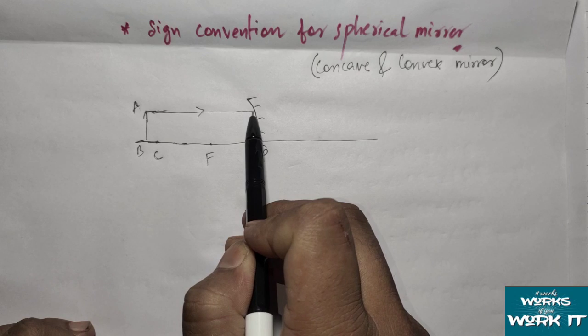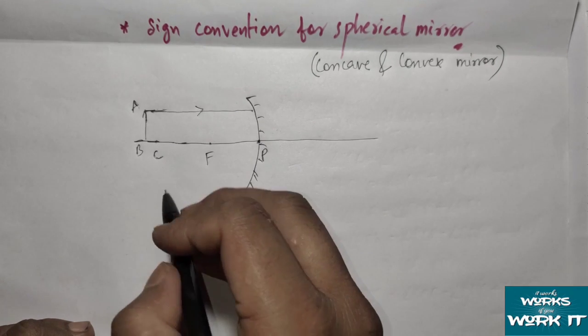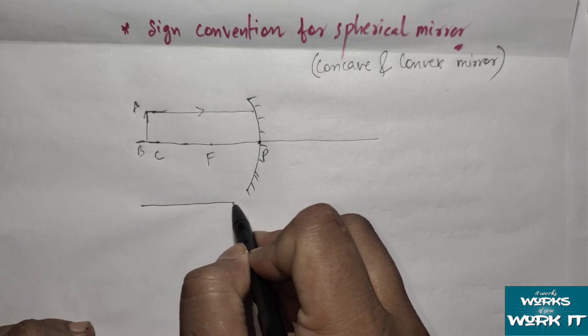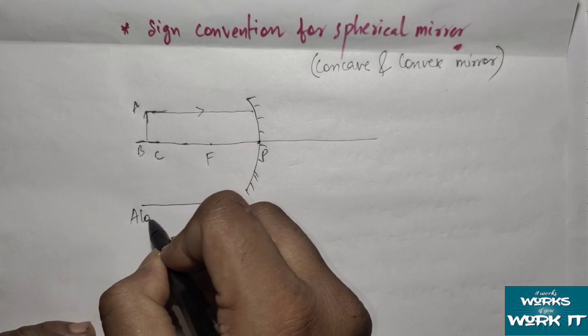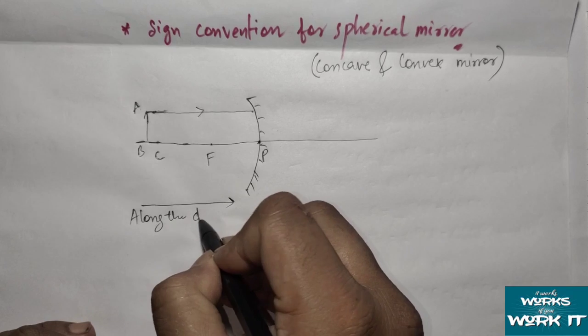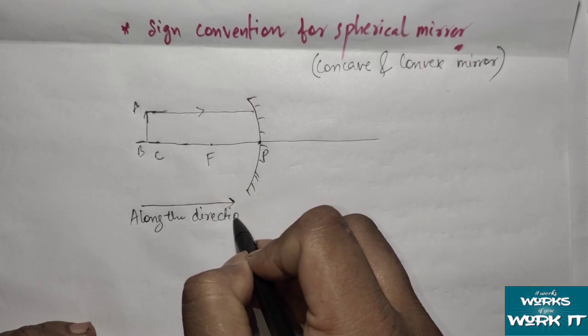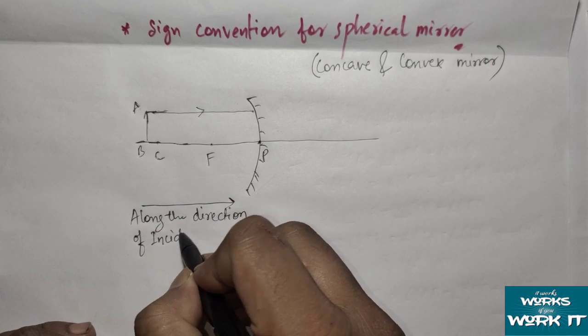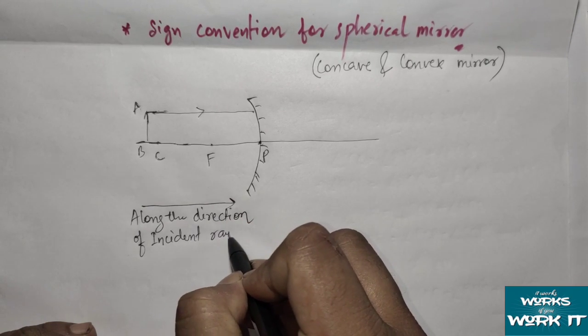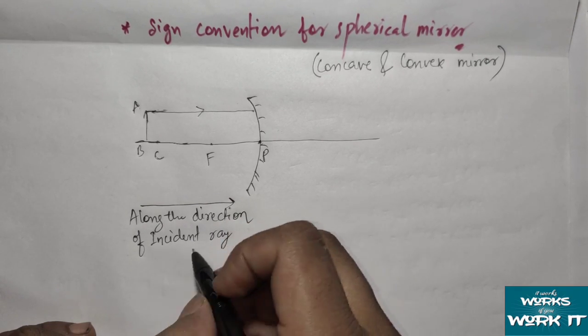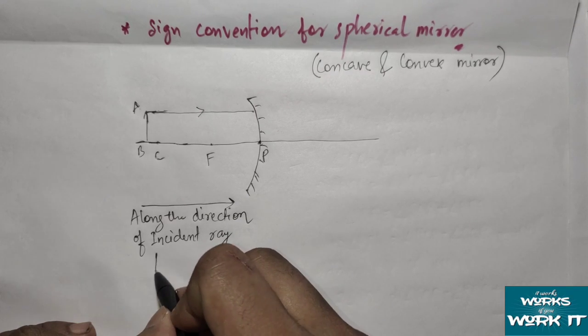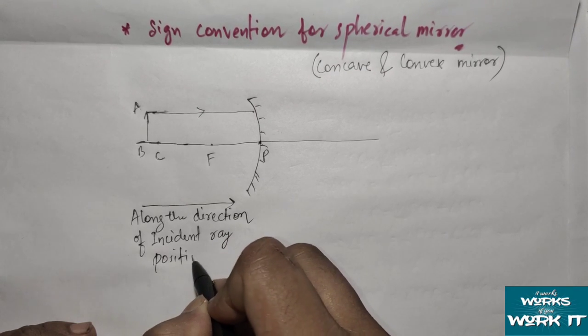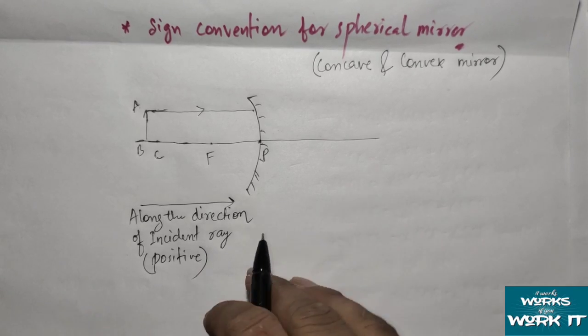Okay, towards the concave mirror or any mirror. Okay, so now if I measure along the direction of the incident ray, it will be taken what? It will be positive, it will have a positive sign.